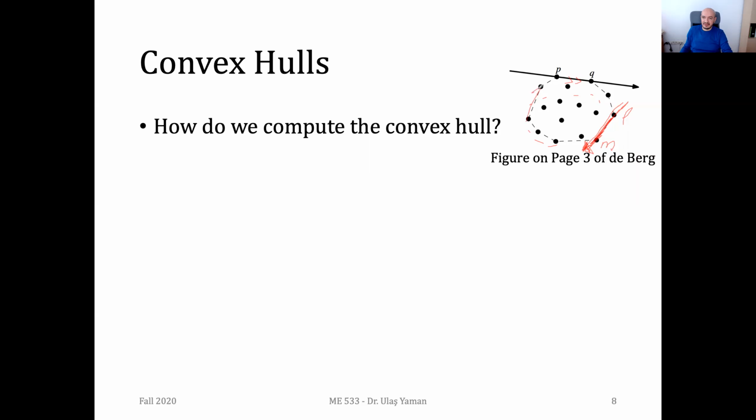Assume that this is another directed edge which is on the convex hull. Again, all the points should be on the right hand side of this directed edge. So if you can somehow find these directed edges where all the points are always on the right hand side, then you are done. The only thing you need to do is to order all these so that you will have a clockwise convex hull. So this is how we do the computation.